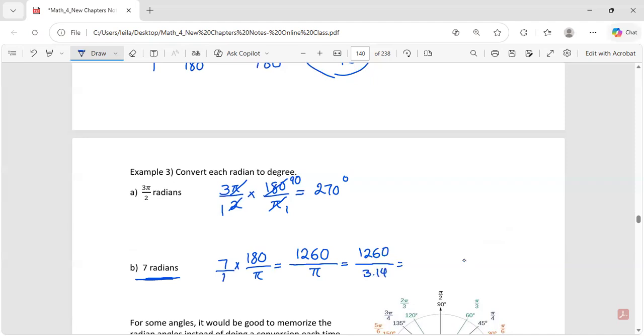So 1260 divided by pi, which is 401.27 degrees.